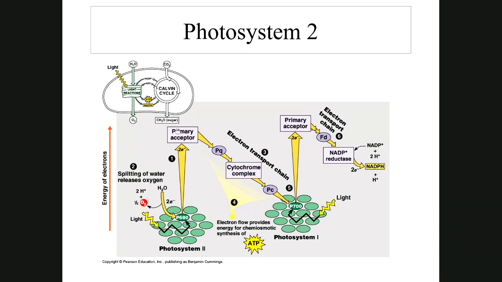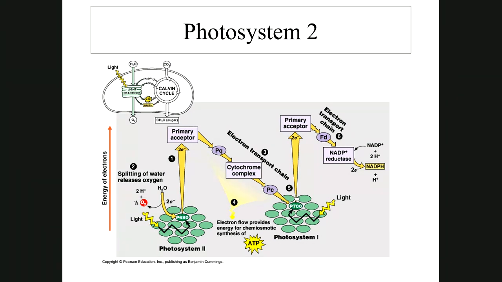They go down the electron transport chain, giving up their energy, which the cell captures and uses to pump hydrogen ions into the thylakoid disc, and they escape through the chemiosmotic apparatus to make ATP. Those electrons are then transferred over here to photosystem 1, which in turn excites the electrons, and they move from pigment to pigment to pigment, and eventually reach the P700 chlorophyll A in the center of photosystem 1.